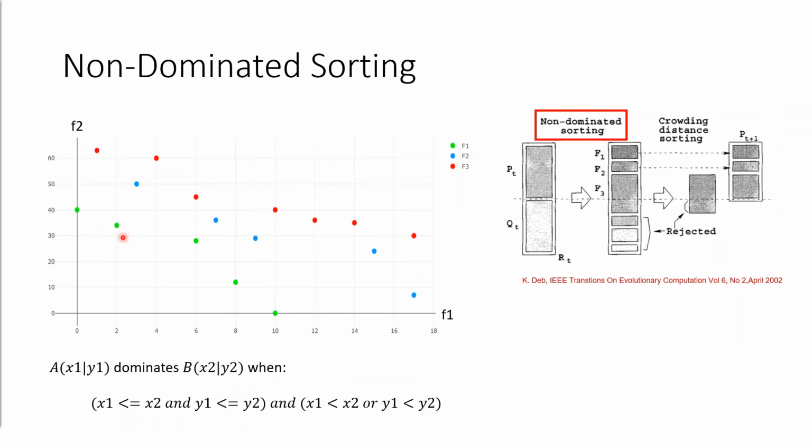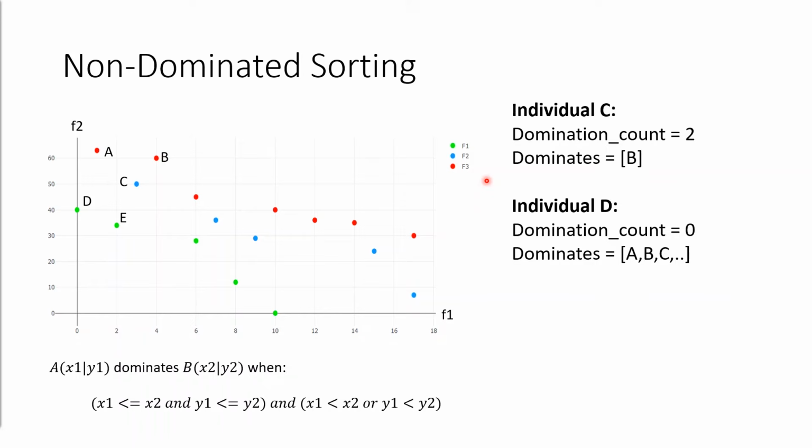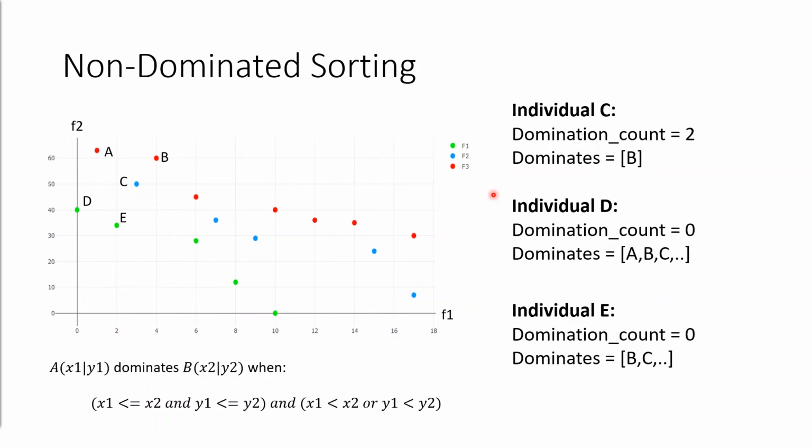In parallel, when we compare one individual to all others, it is counted how many individuals dominate the individual, and a list is created which contains all individuals that are dominated by this specific individual. So, to sum up, for every individual we have a counter of how many individuals dominate it, and a list of which individuals are dominated by it.